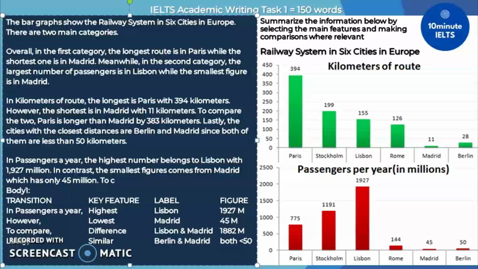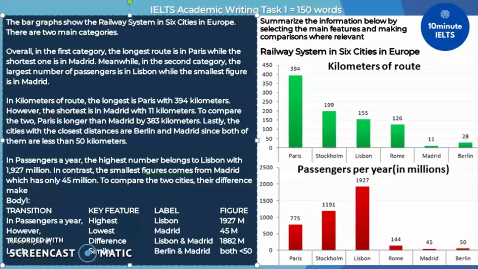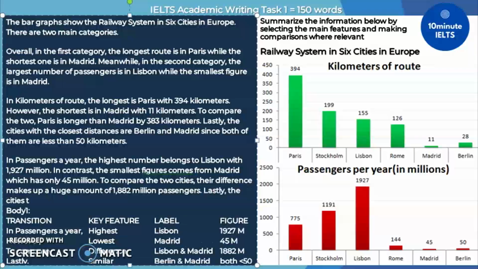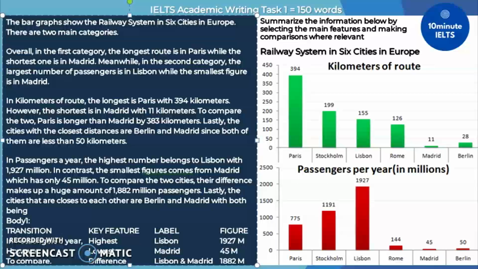To compare the two cities, their difference makes up a huge amount of 1882 million passengers. Lastly, the cities that are closest to each other are Berlin and Madrid, with both being equal to or less than 50 million.